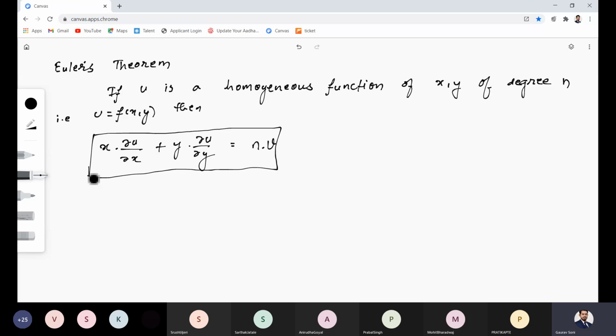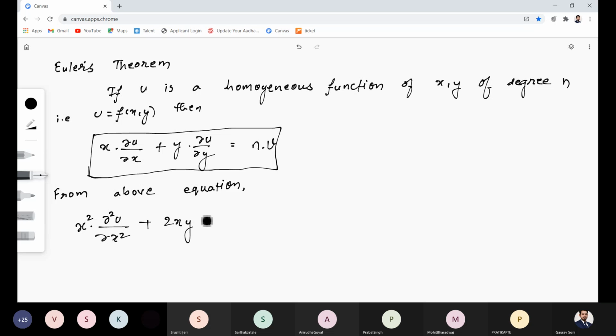Also, from the above equation what we can derive is x square second derivative of u with respect to x square plus 2xy second derivative of u with respect to x and y plus y square second derivative of u with respect to y square.